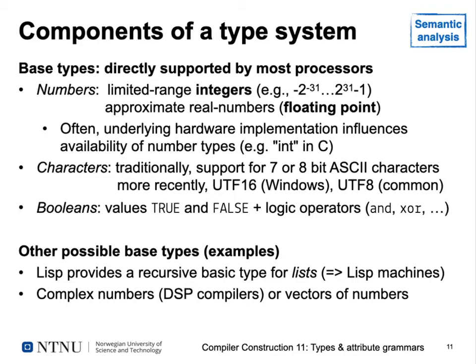Now there might also be other possible base types in your type system. For example, the Lisp programming language. Lisp is one of the oldest programming languages, already invented in the 1950s, and it was very famous in the last artificial intelligence wave in the 1980s. People actually built their own machines containing a microprocessor that was able to execute a very simple Lisp representation in hardware.